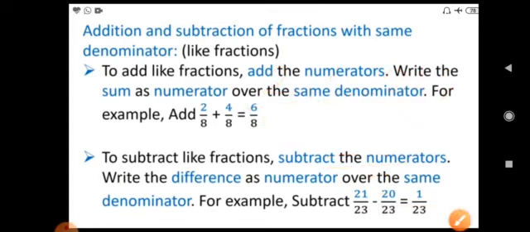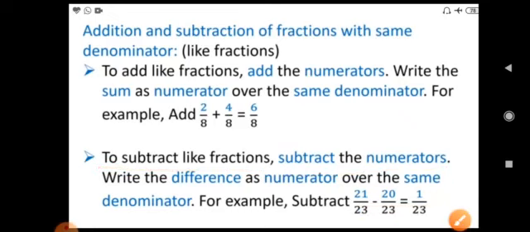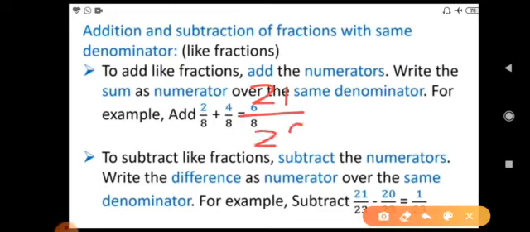Now to subtract like fractions, subtract the numerators. Suppose two fractions are given, 21 upon 23 and 20 upon 23.